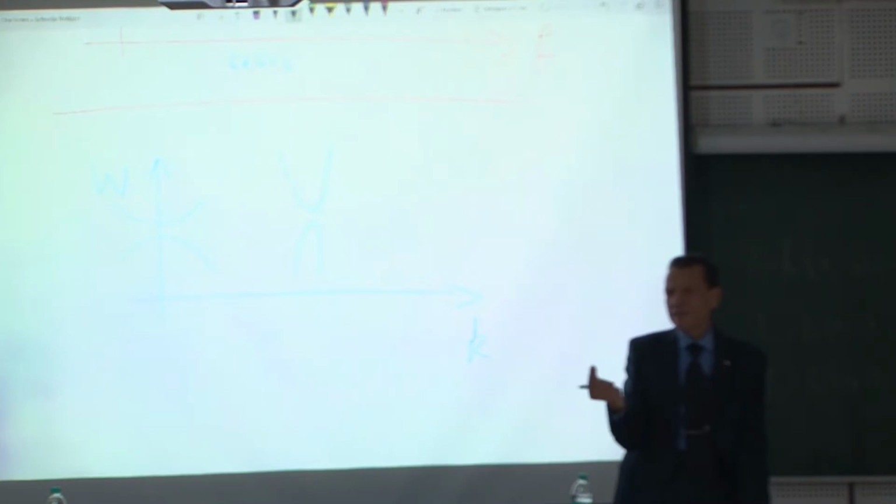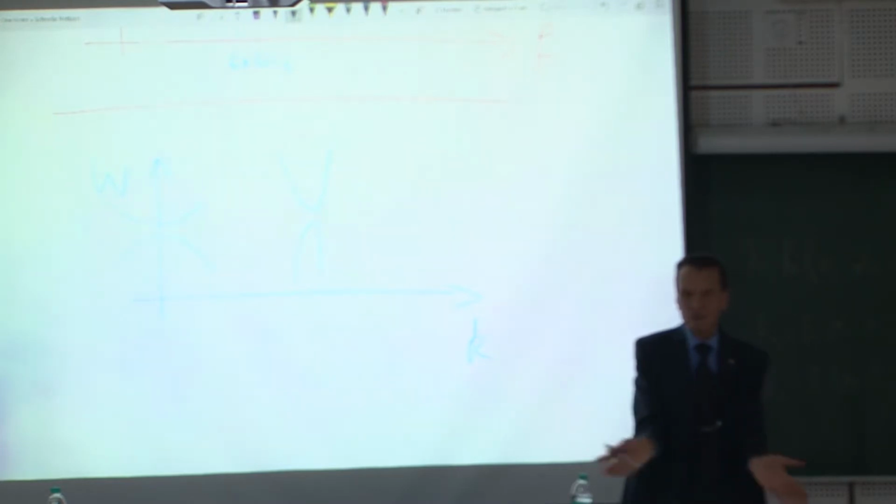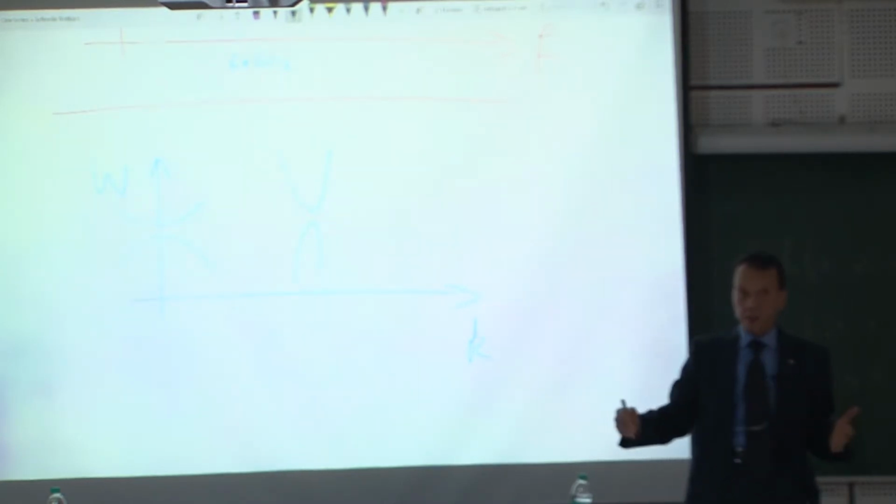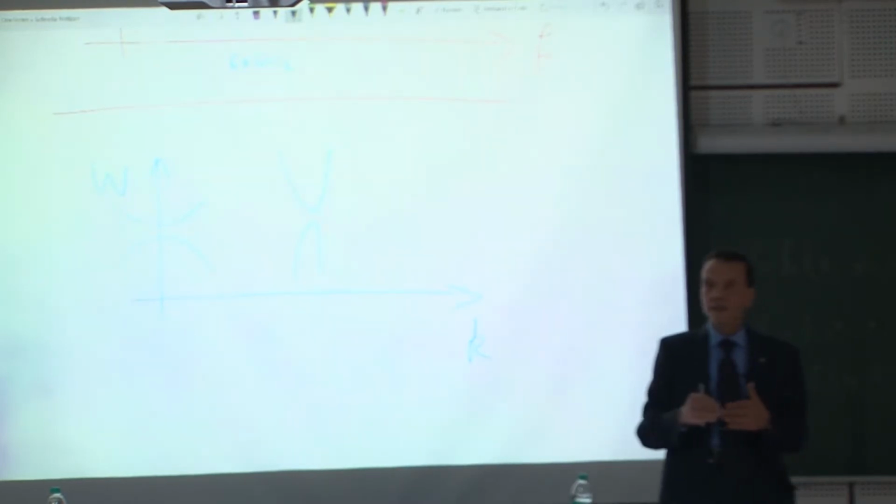The effective mass of the electron or the hole is inversely proportional to the second derivative of the opening of these curves here.